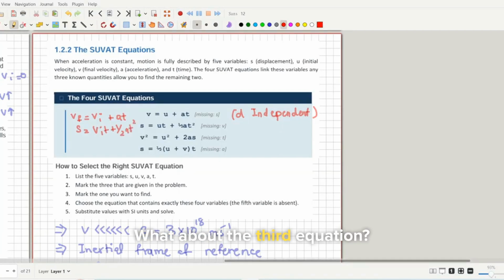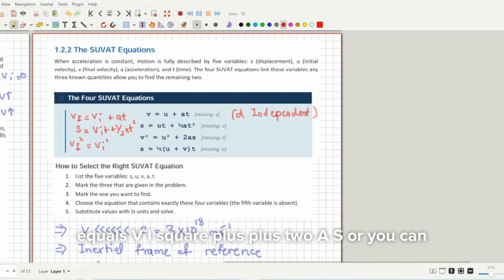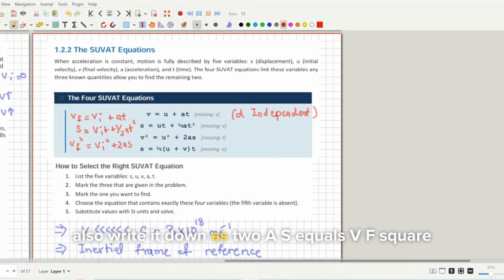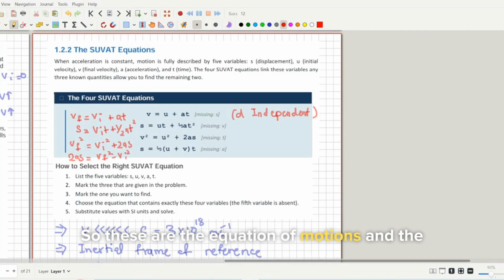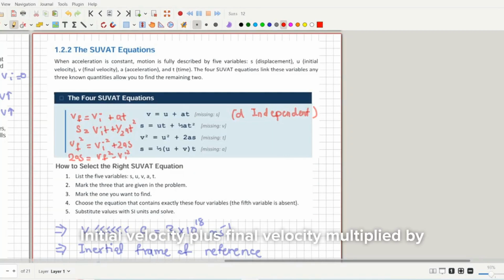What about the third equation? The third equation is vf square equals vi square plus 2as, or you can also write it as 2as equals vf square minus vi square. And the last equation is s equals 1/2 times initial velocity plus final velocity, multiplied by time.